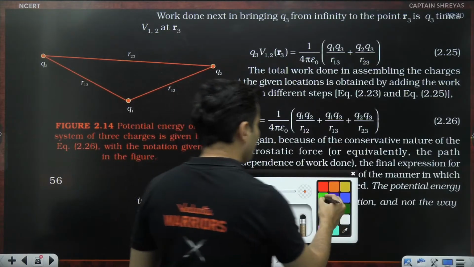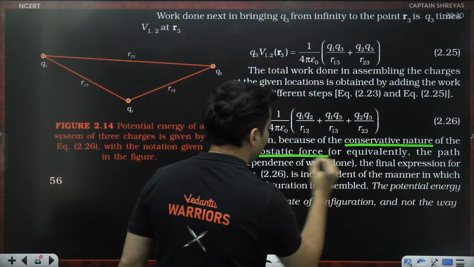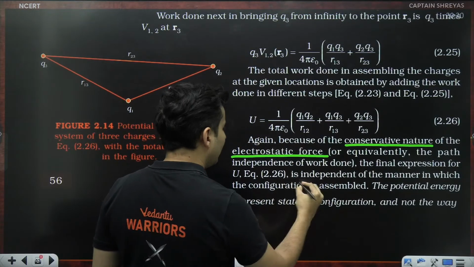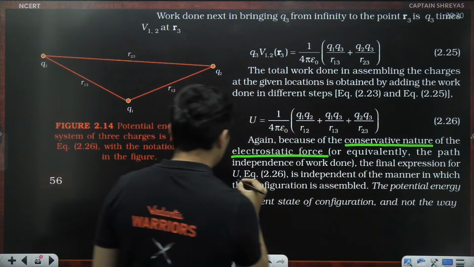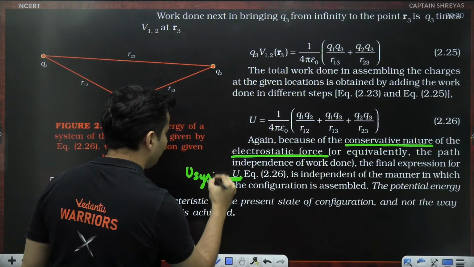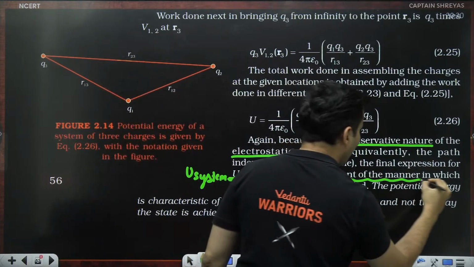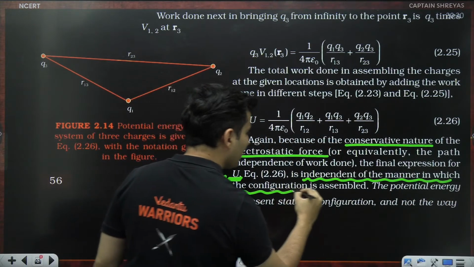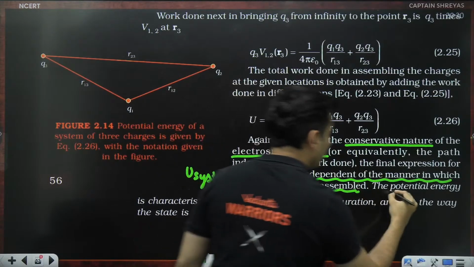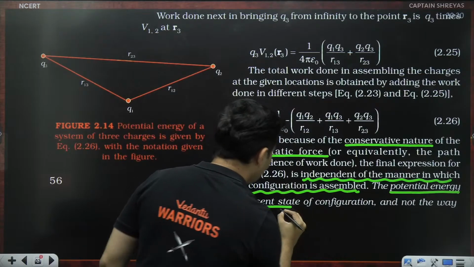So because of the conservative nature of electrostatic forces, we can say that the final expression for U, which is the potential energy for the system, is basically independent of the manner in which the configuration is assembled. In fact, the potential energy is just dependent on the state.